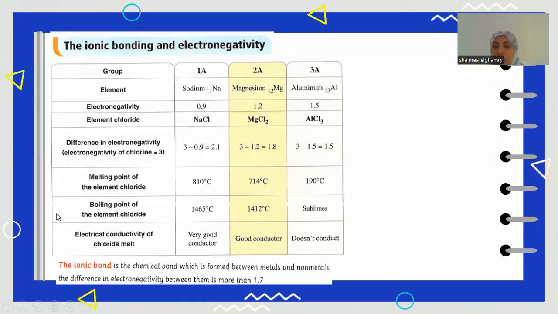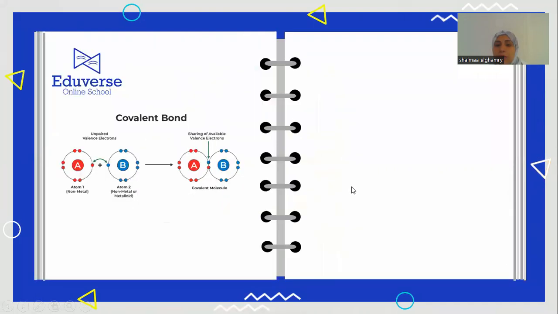So the ionic bond is a chemical bond formed between a metal and a non-metal, and the difference in electronegativity between them should be more than 1.7.